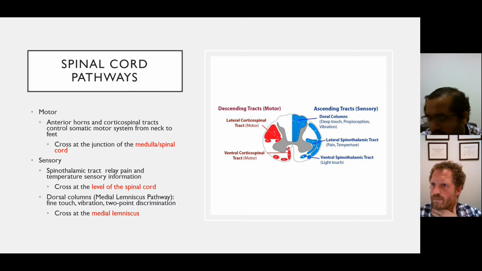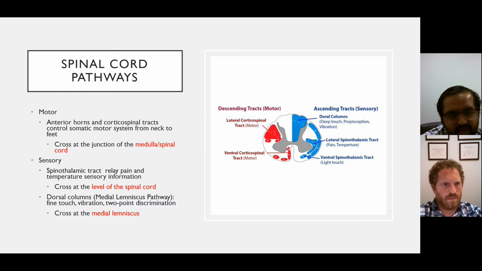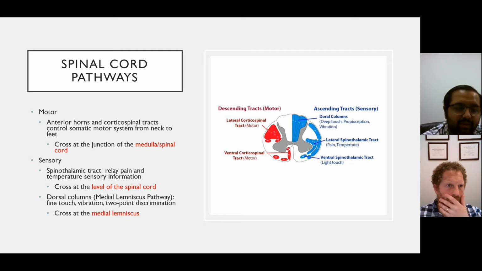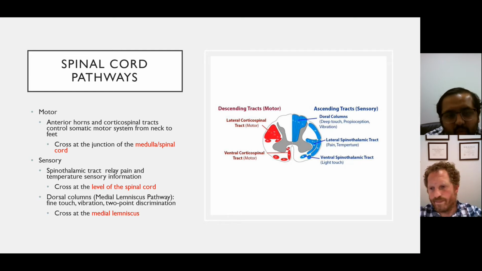This will be explained more in the next slide, but we really want to talk about how these tracts go through the spinal cord and where they cross over, because depending on the type of spinal cord injury the patient has, we'll find out more about their neurological function. The sensory tracts refer to multiple pathways.